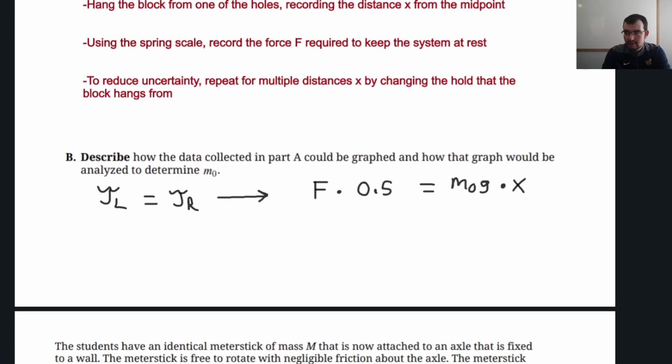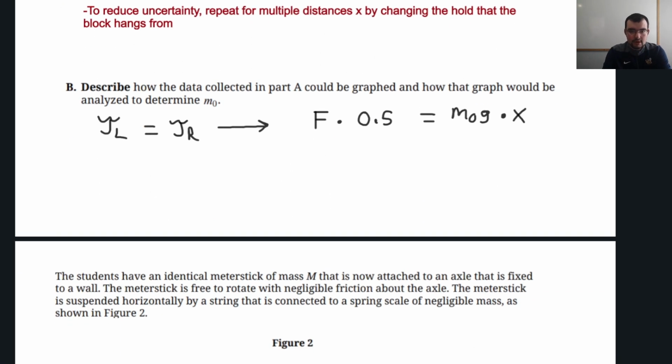So now that makes our analysis pretty straightforward, because we said that 0.5 f is equal to m0gx, which tells us that f would be equal to 2m0gx.